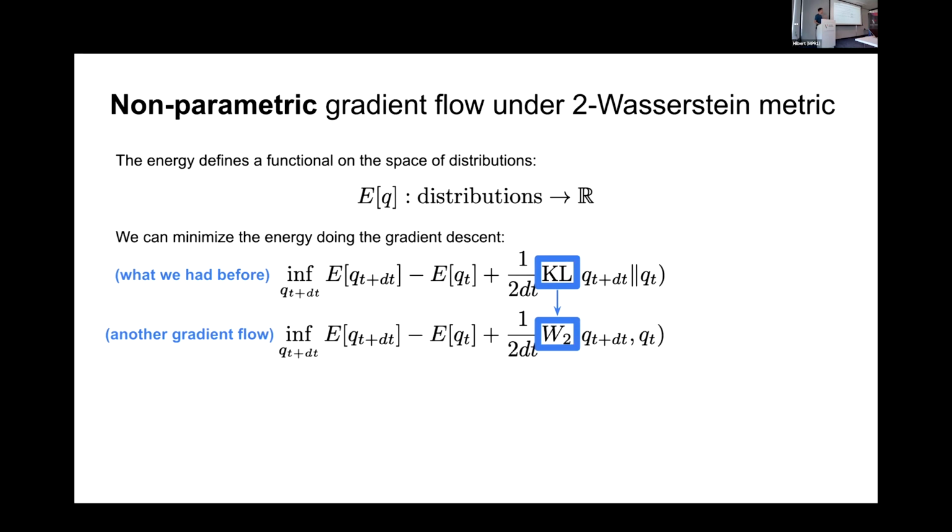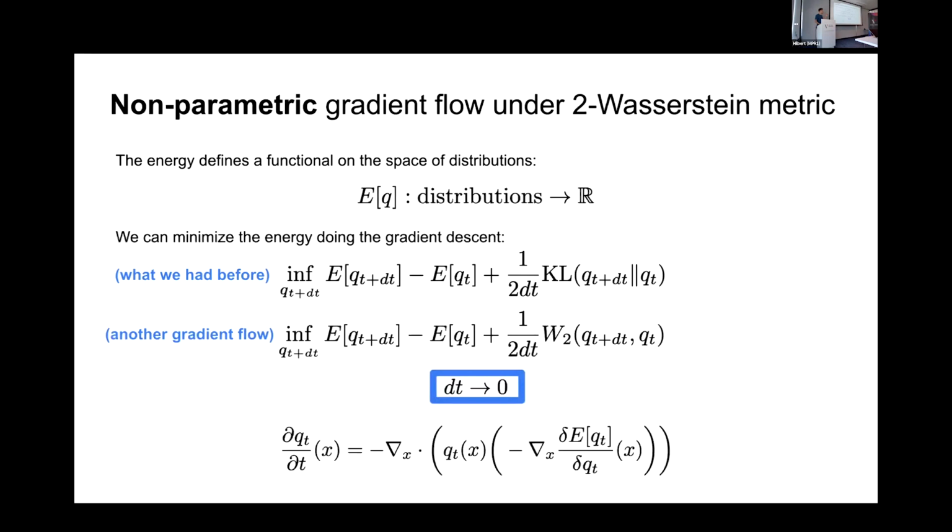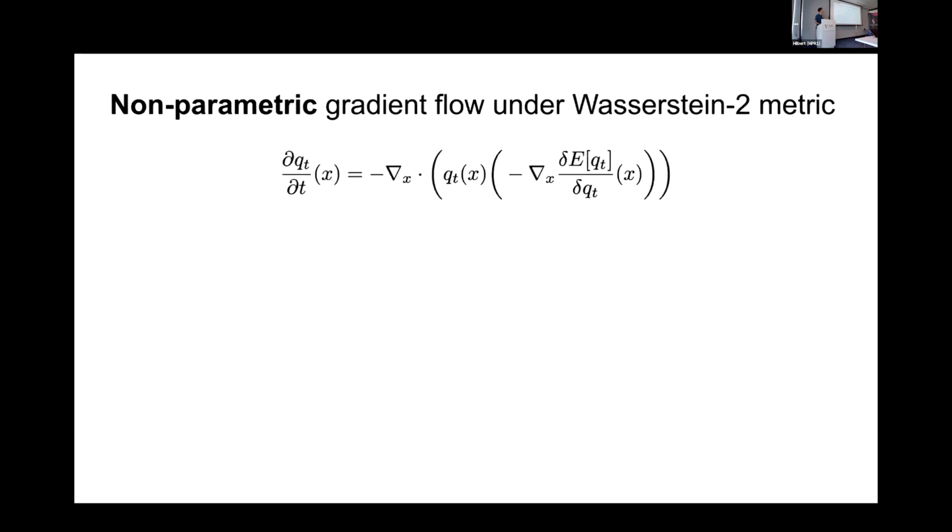But it's just another thing we put, and once again, we take the limit, and we get another PDE. And we'll compare these PDEs a bit later. So far, let's first look at the picture. We just get something else on the right side, a different evolution of the density.